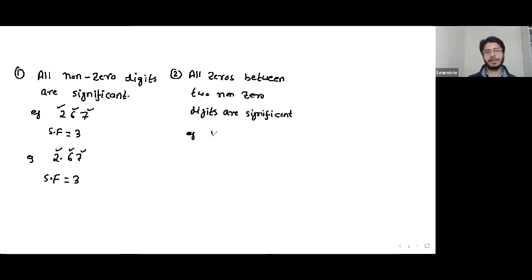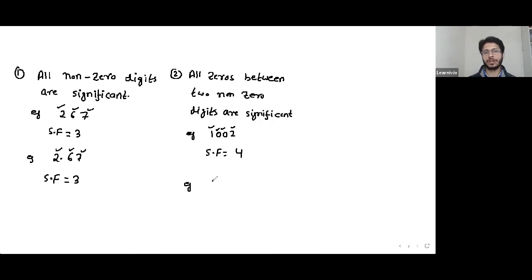This means if I write this as 1002, see this 1 and 2 are non-zero digits, so they are significant by rule 1. But these two zeros are in between two non-zero digits, so zeros are also significant. So in total, you have 4 significant figures.